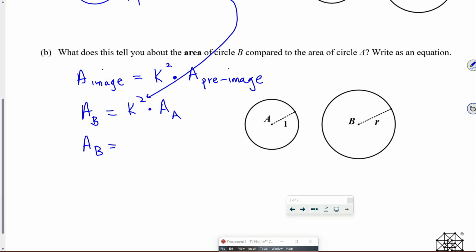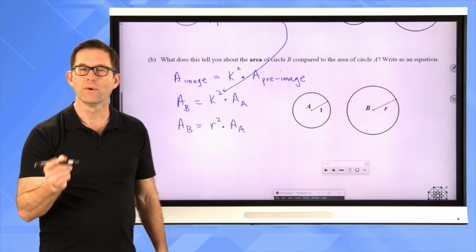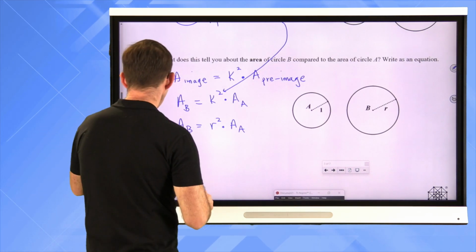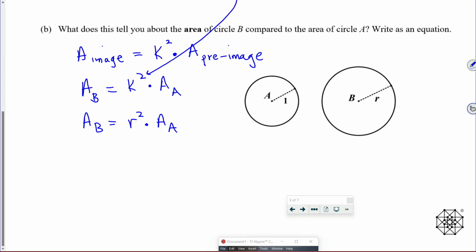So the area of circle B is going to be r squared times the area of circle A, which tells us that the area of any circle is going to be the area of a circle with a radius equal to 1 times r squared.